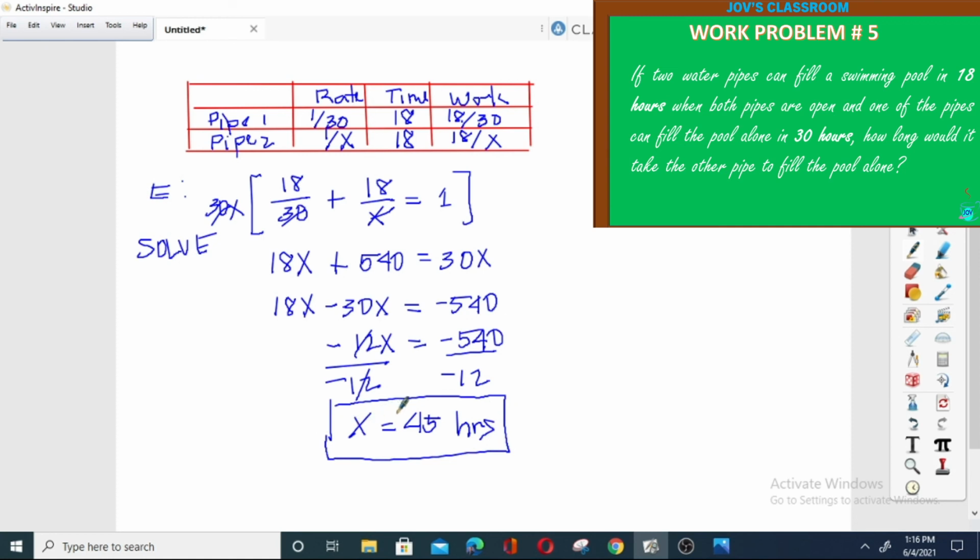This is the rate of pipe 2. How long? So 45 hours, so the rate will be 1 over x, 1 over 45.